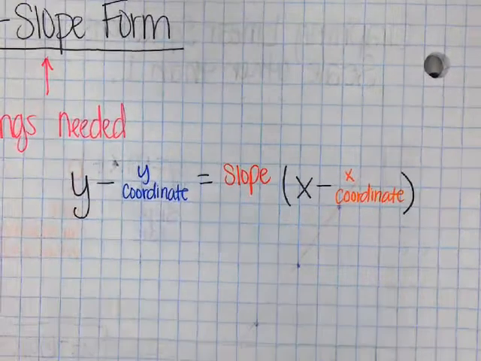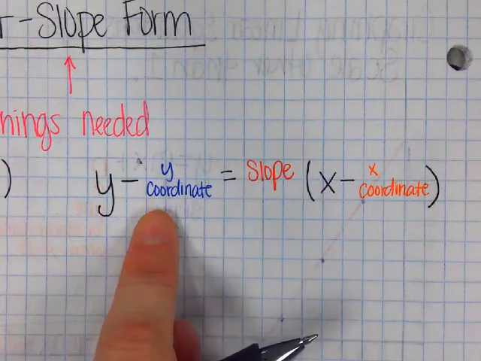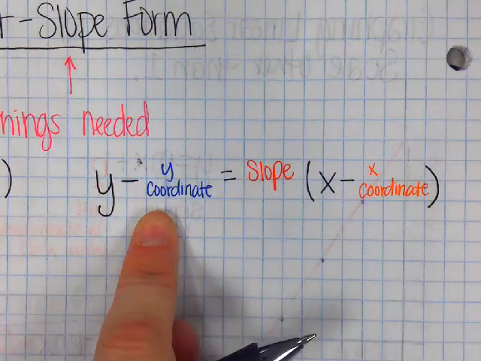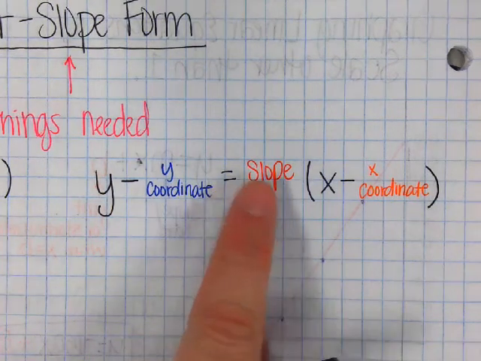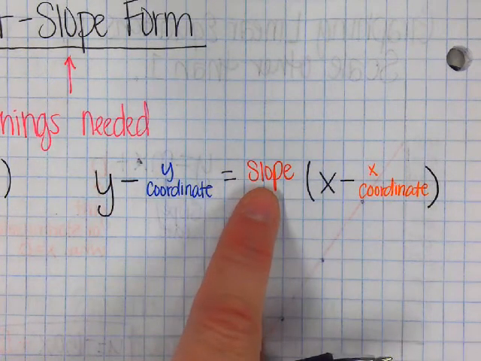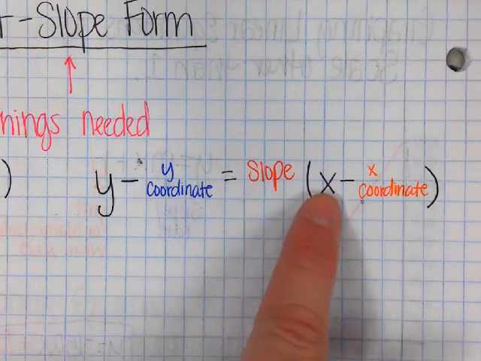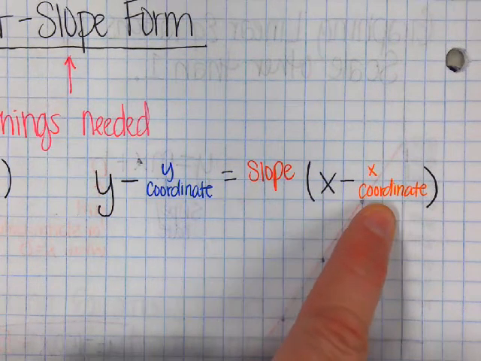So it's y minus the y coordinate, whatever the y coordinate is, equals the slope, and you know how to find the slope because we've been working on that for a couple of weeks. Then parentheses x minus the x coordinate.